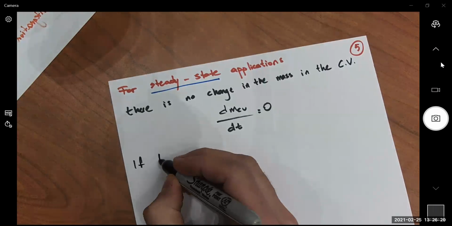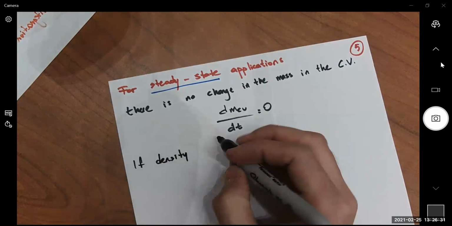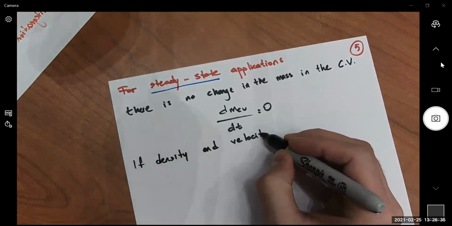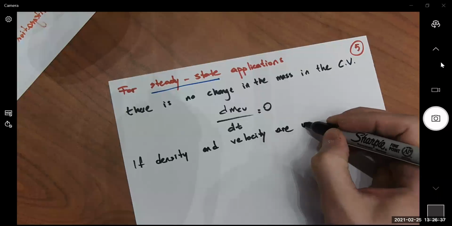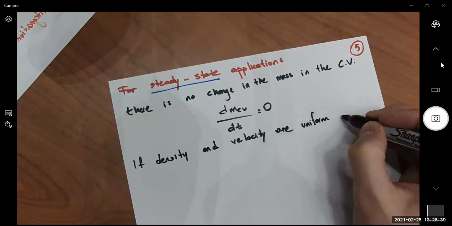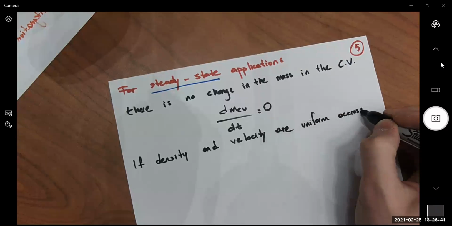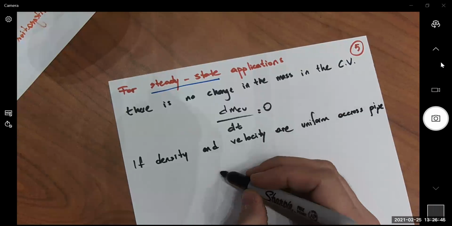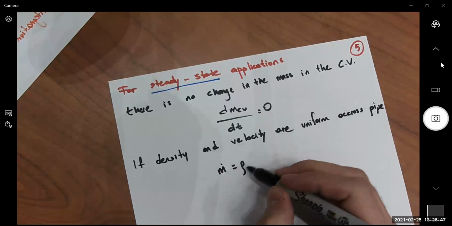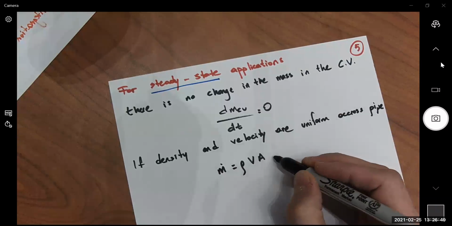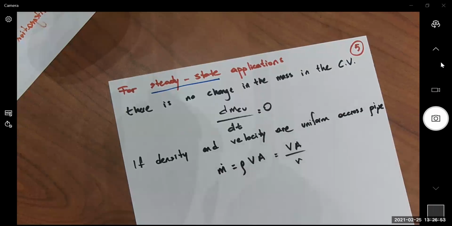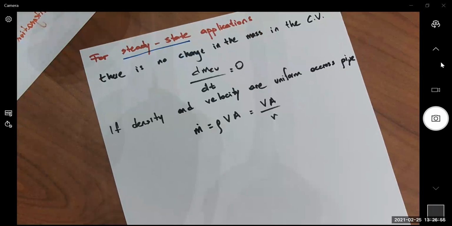If density and velocity are uniform across the pipe, right, m dot would be equal to rho VA.